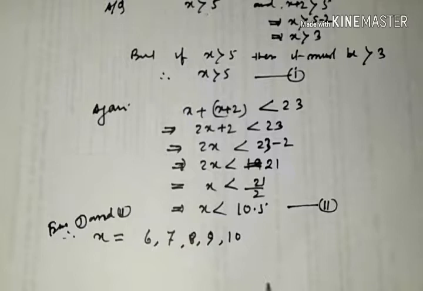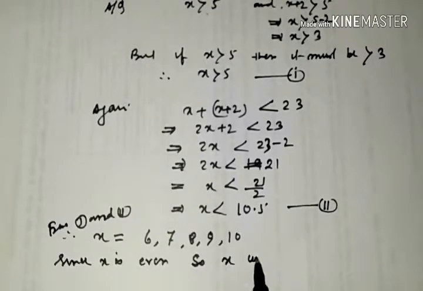But since x is even, we cannot take the odd values. So x will be 6, 8 and 10.